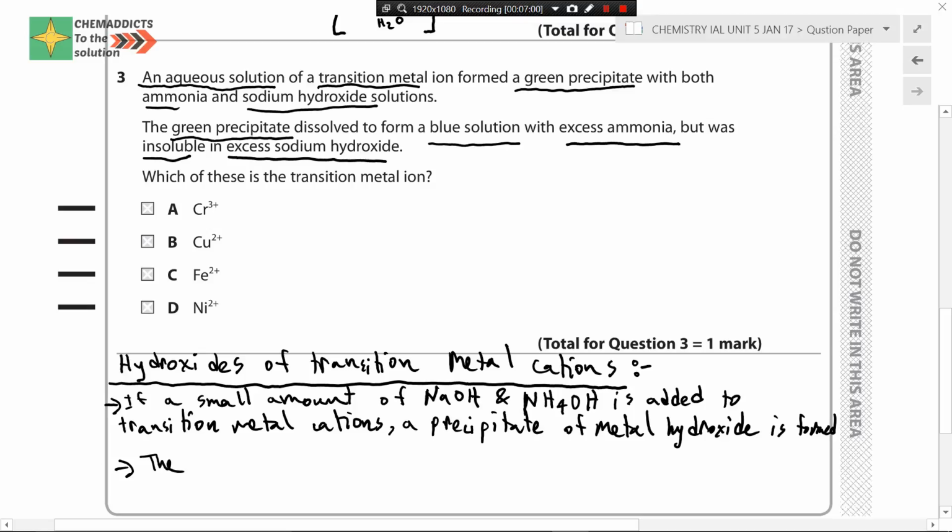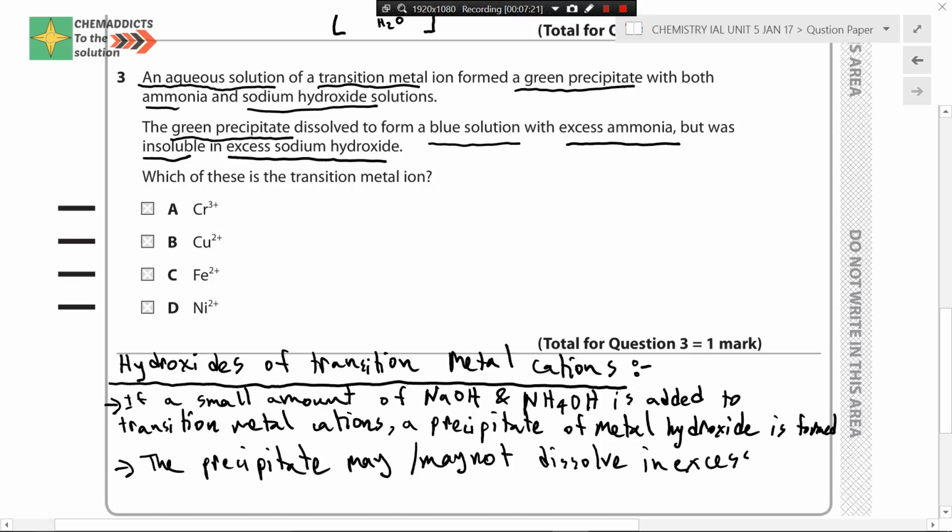So the precipitate may or may not dissolve in excess sodium hydroxide or ammonium hydroxide.